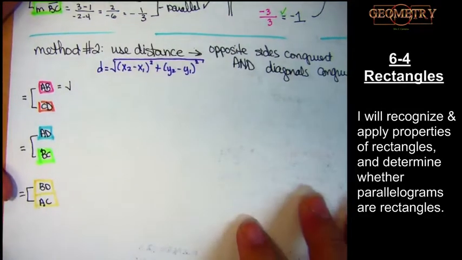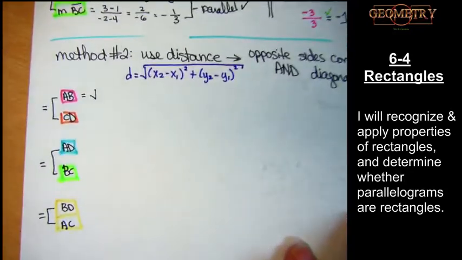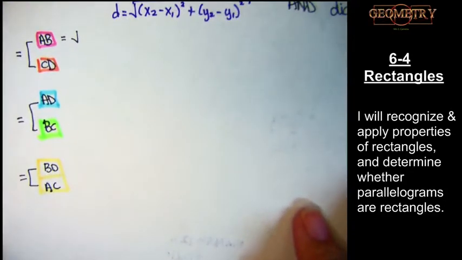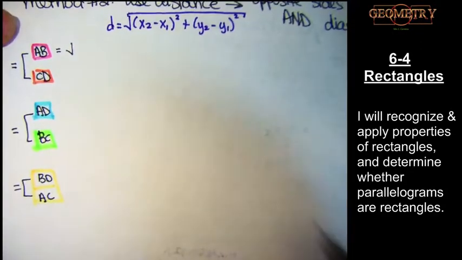Let's start with AB. I'm going to zoom in a little tight here because the writing's going to get a little small.